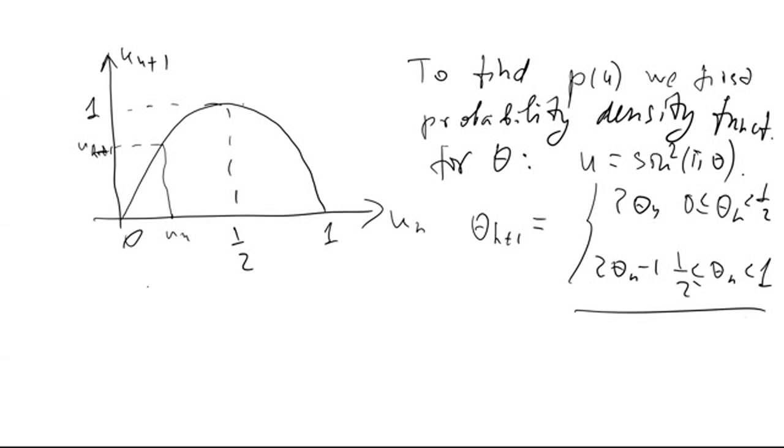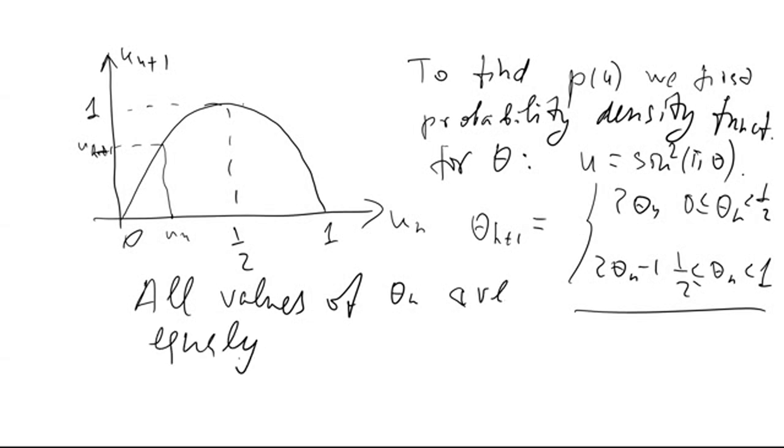And we know that all values of theta n are equally likely. We've seen it last time, because theta n is a number which can have any binary representation, and this would mean that it could be any number between 0 and 1.